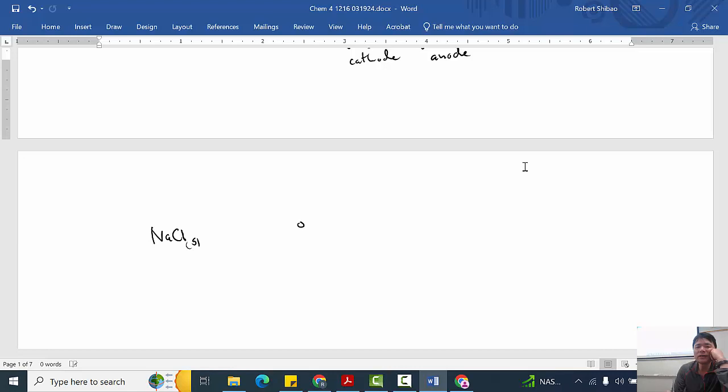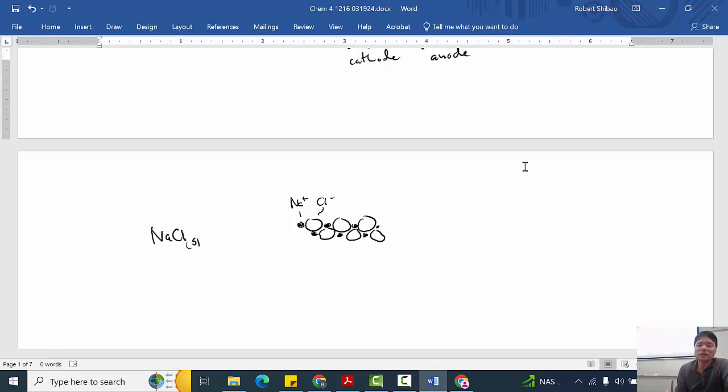And it consists of a lattice like this, where we have the sodium ion and the chloride. Chloride's a lot bigger. And what do we call this structure? A lattice type structure, ionic lattice.